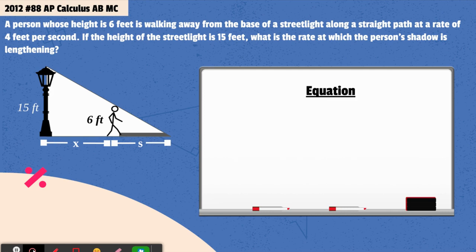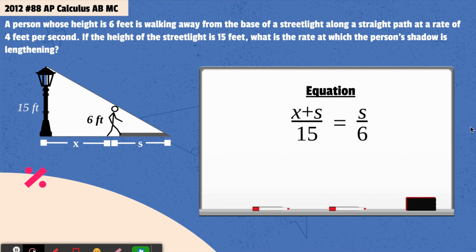Next, we look at the equations that we're going to need to make. For our first one, we have (x plus s) over 15. The reasoning for that is the ratio of the triangles. The large triangle connecting the street lamp and the ground is our big triangle, and then there's another smaller similar triangle that starts at the person and goes the length of s, which is the length of the shadow.